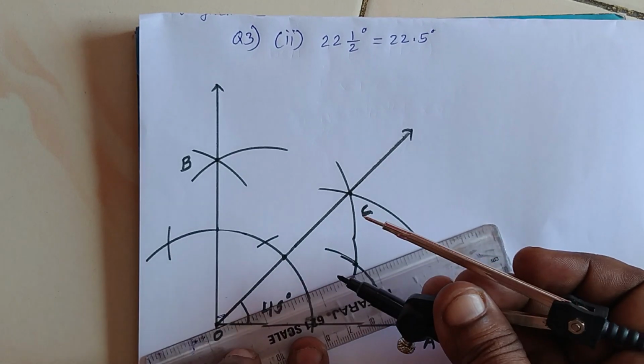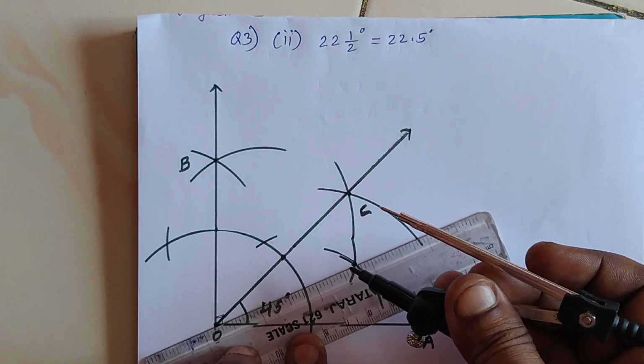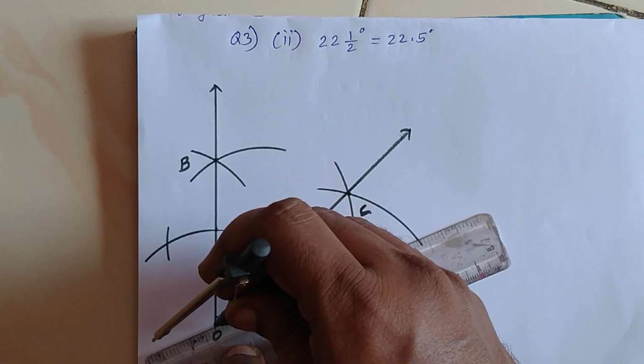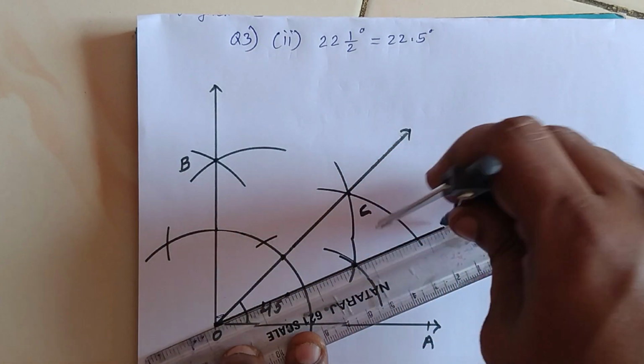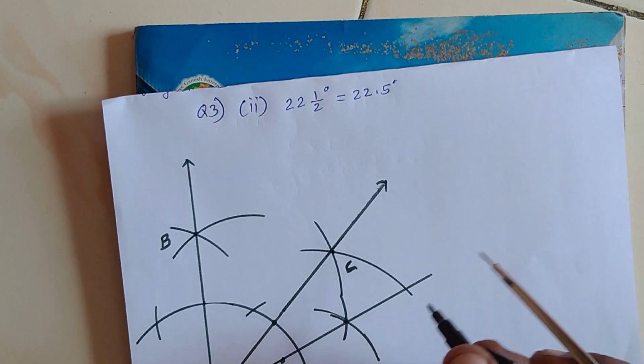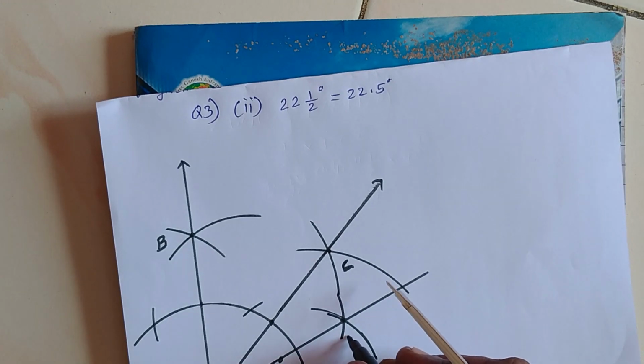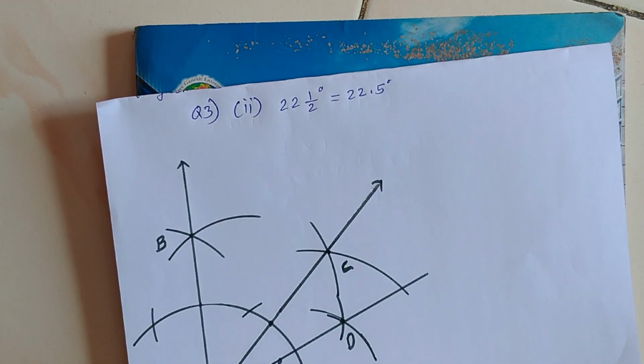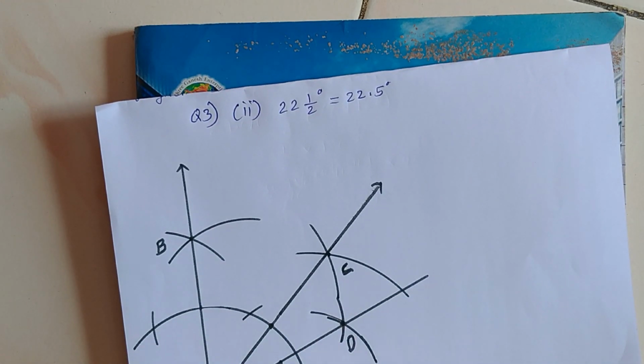Now join O with this point. Okay, so you can give the point name as D. So angle DOA will be angle 22.5 degree.